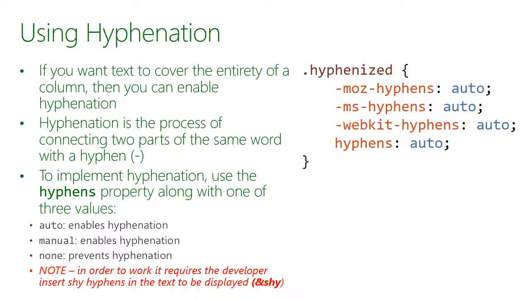A note as well, in order to work, it requires that the developer insert soft hyphens in the text to be displayed. The symbols for that are ampersand SHY. I will share a link on the next slide which gives you some more information on how this should work.